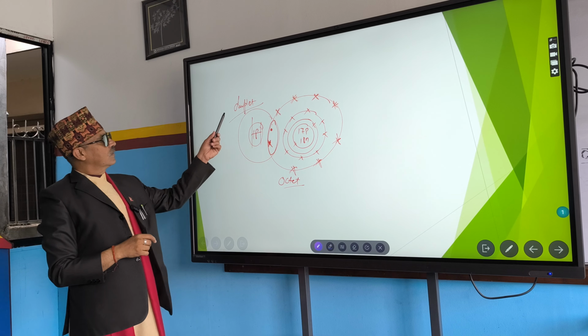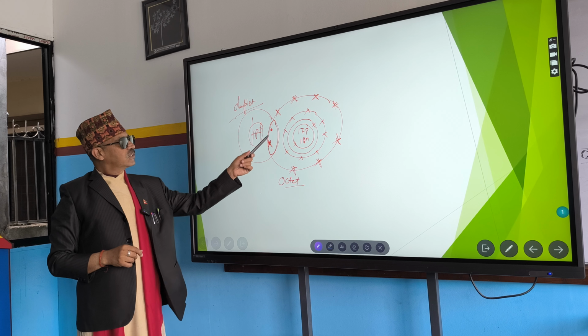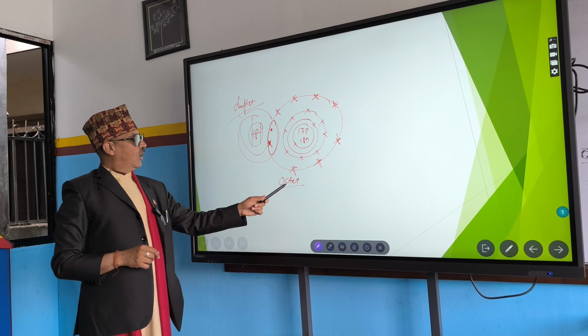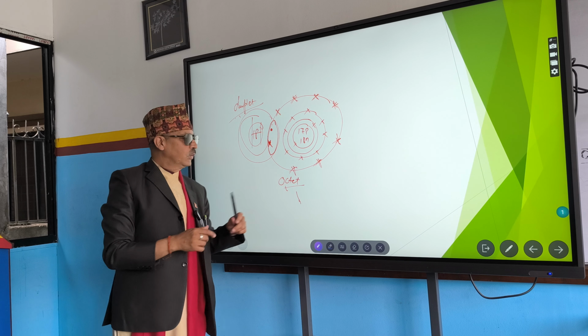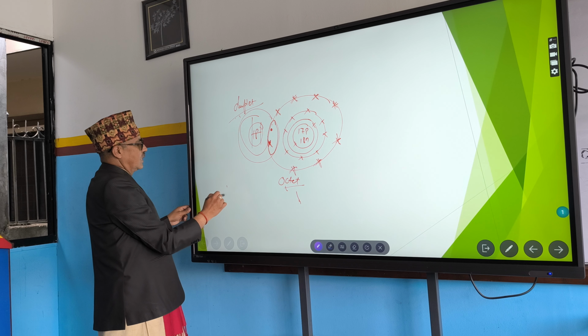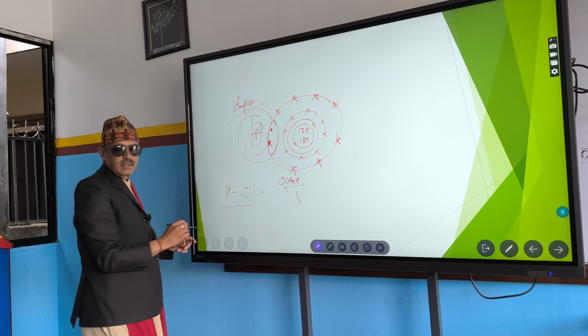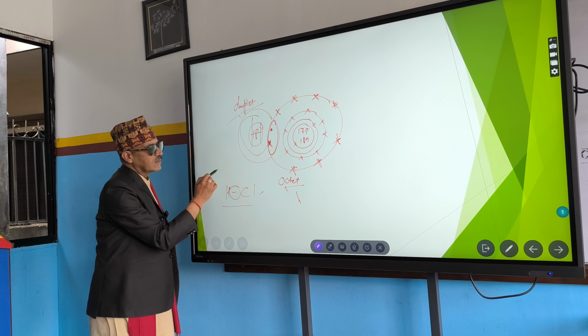To be stable, either they should be in duplet or octet. So by sharing electrons, hydrogen remains in duplet state and chlorine remains in octet state. We can show this as H single bond Cl, meaning one pair of electrons is shared.